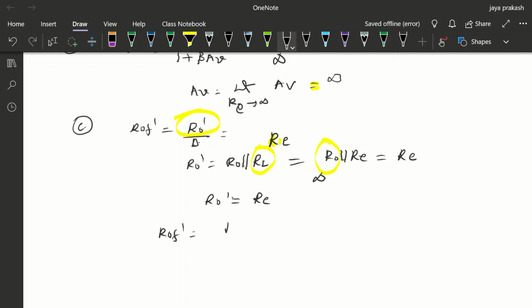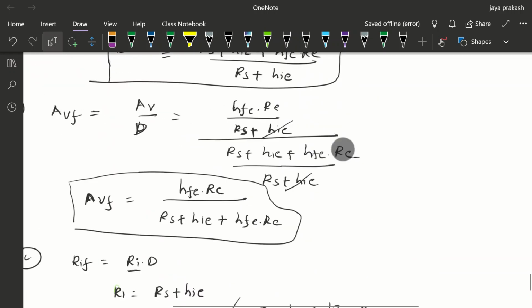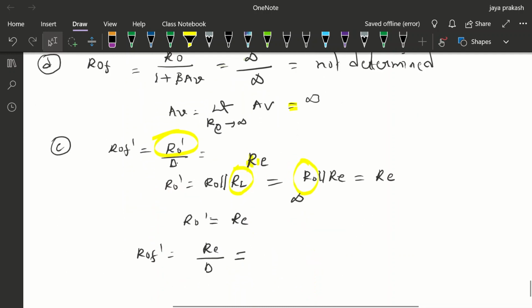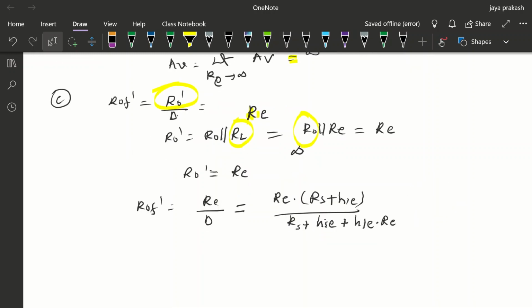So R naught F dash is equal to RE by D. If we substitute D, the sensitivity factor, then R naught F dash is equal to RE into RS plus HIE divided by RS plus HIE plus HFE into RE. So this is R naught F dash.